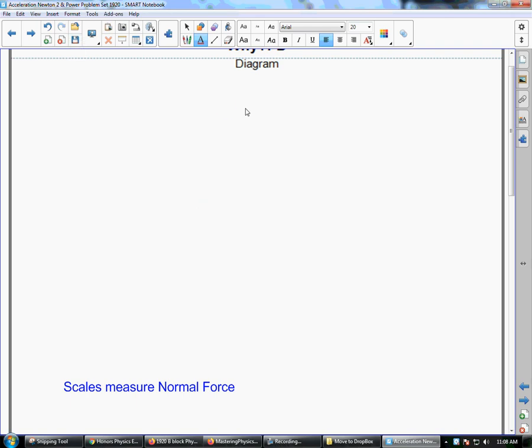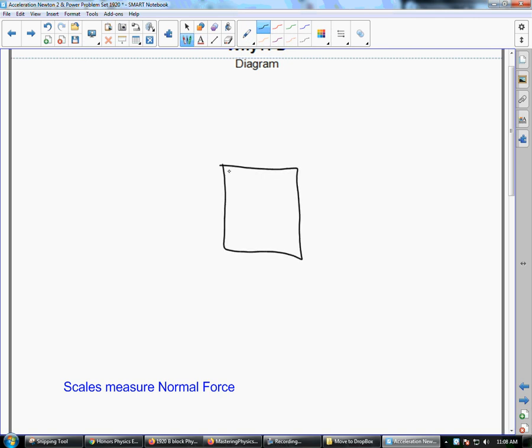But all it asked for was the diagram. So here you are. There's the scale. Force of gravity will be down, normal force up. Notice how those are touching my object, right?